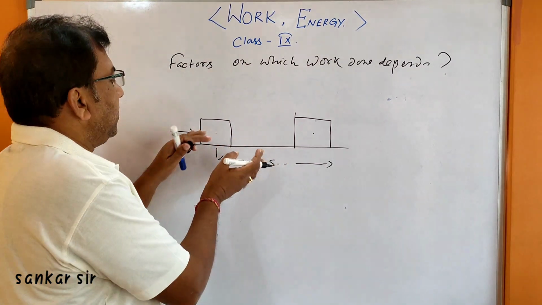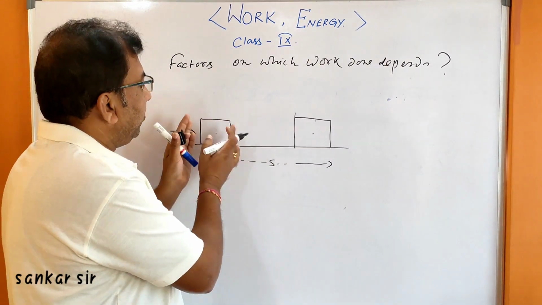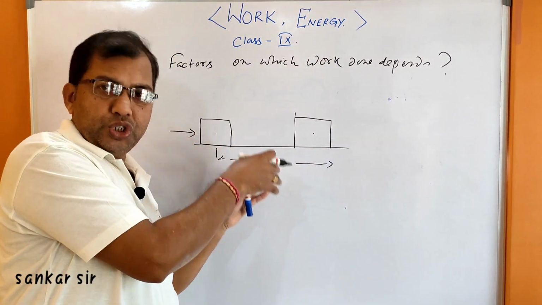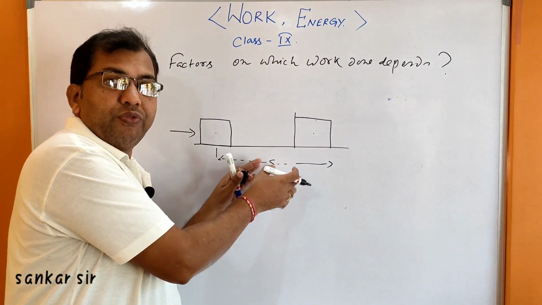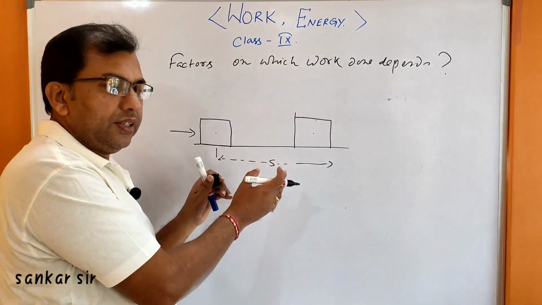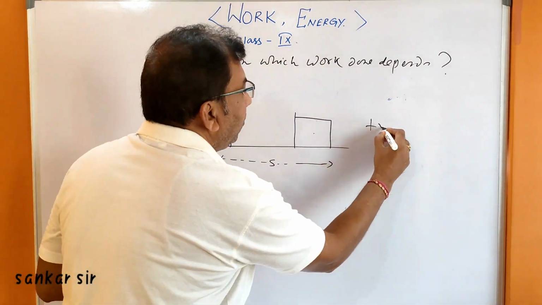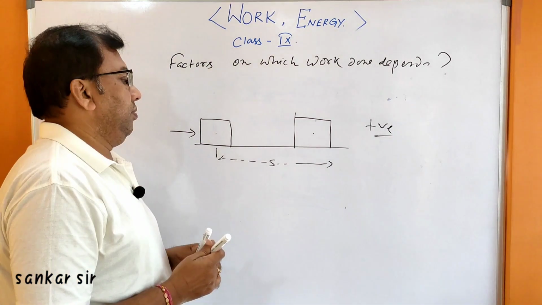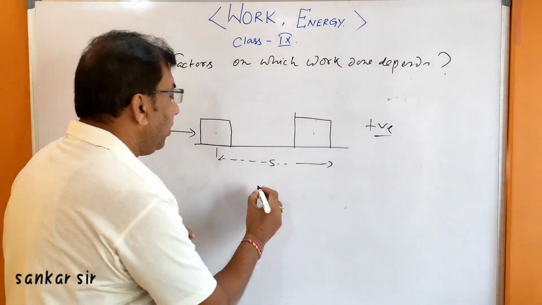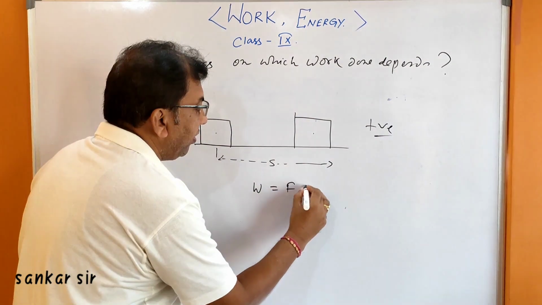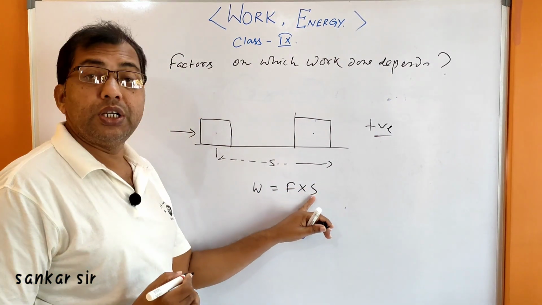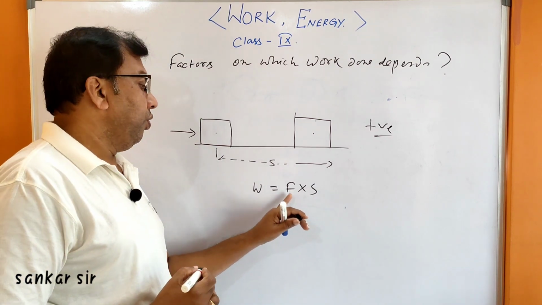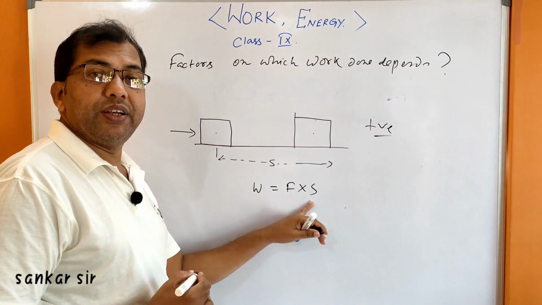This is block A, in the horizontal. This is the displacement here. Force is applied here. After applying the force, the block is here. The direction of force and the displacement are in the same direction. It is positive work. When a constant force is applied in the horizontal direction, the displacement of the body is in the same direction as the force, and it is regarded as positive work. Clear? Same direction, positive work. And in this case, what is the work done? W equals F into S, force into displacement. It is the product of the magnitude of force and distance travelled.